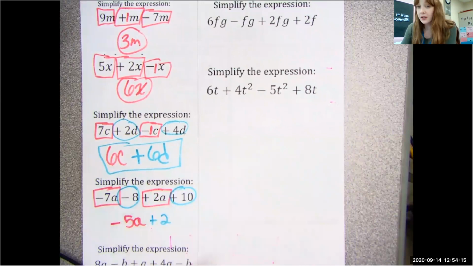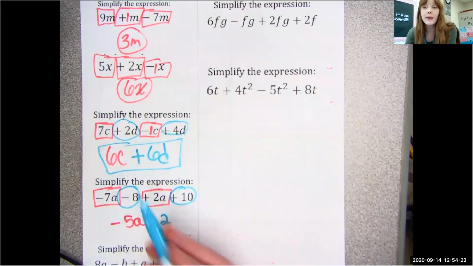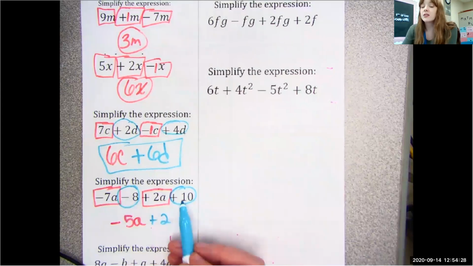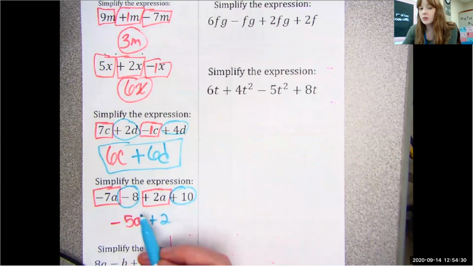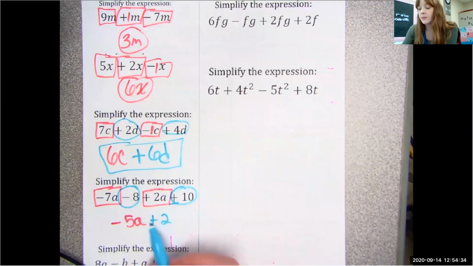Because the answer is positive, I wrote plus 2. Some of you are going to want to write minus 2 because there is a minus in front of our first number. I don't care about that. I care about my answer. Negative 8 plus positive 10. That's different signs, subtract to get 2, and keep the sign of the bigger number, which is the plus sign.